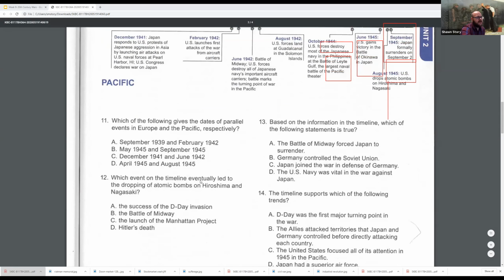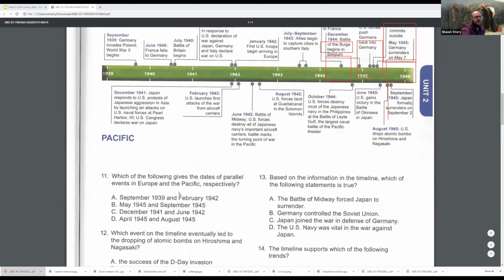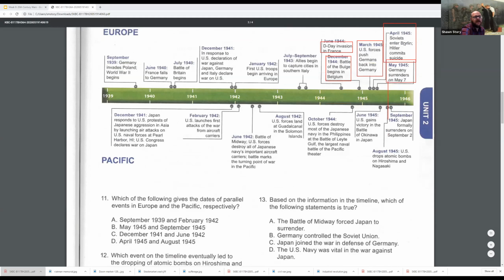So which event on the timeline eventually led to the dropping of the atomic bomb? The successes of D-Day invasion, the Battle of Midway, the launch of the Manhattan Project, or Hitler's death? I would say the closest would be Hitler's death. Because looking at our timeline, Hitler's death is here on April 1945, May, June, July, August.